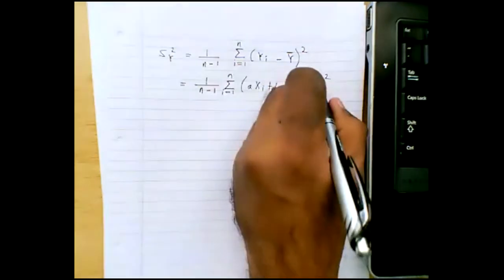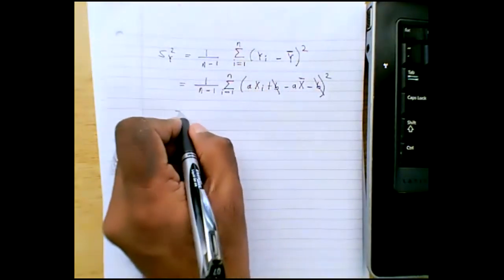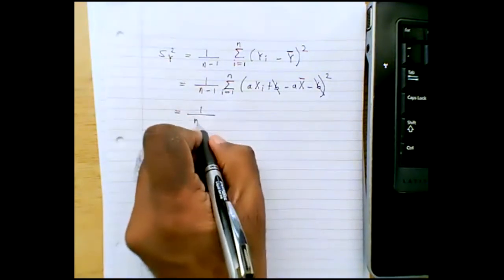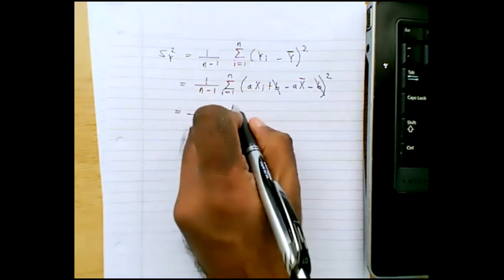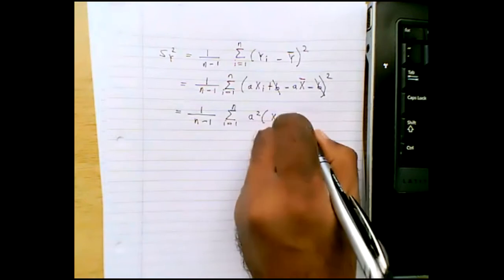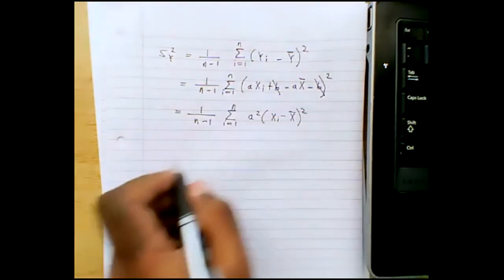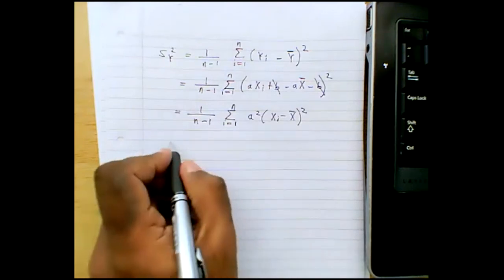So these two cancel out, and what you get is 1 over n minus 1 times the sum i from 1 to n of a squared times xi minus x bar, squared. a squared is a constant, so you can pull it outside.